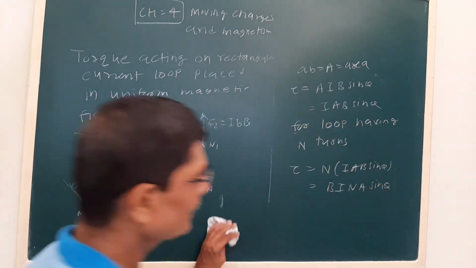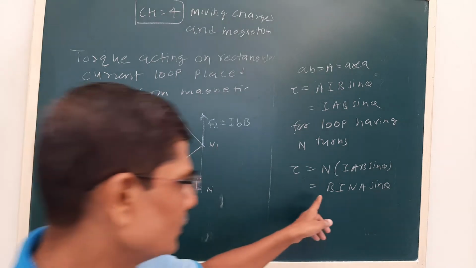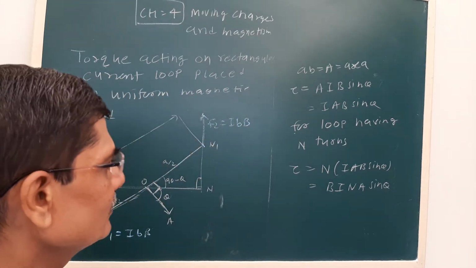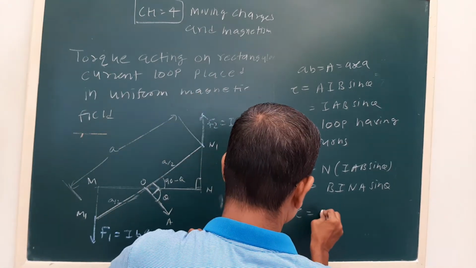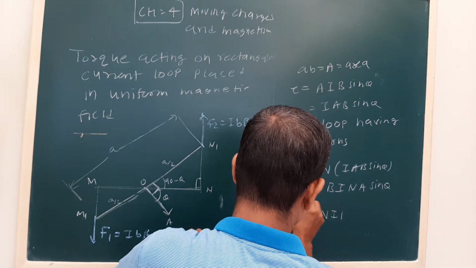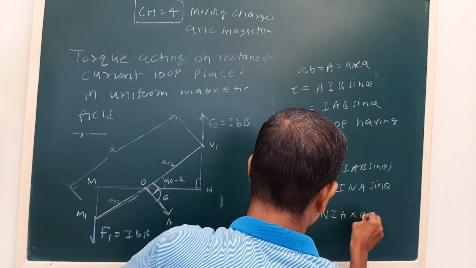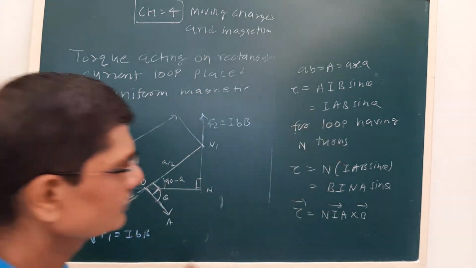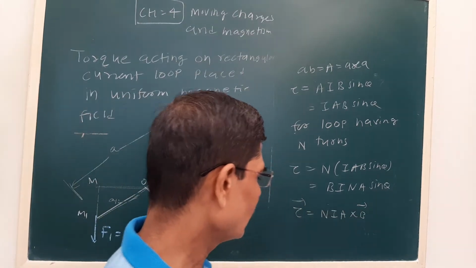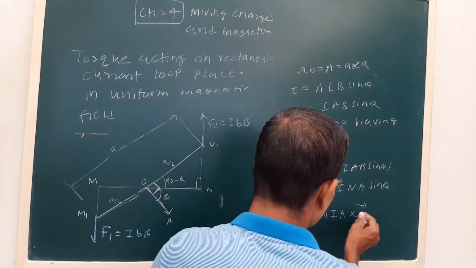This NIAB sin theta you must remember. So torque is NIAB sin theta, or torque is equal to NIA cross B.